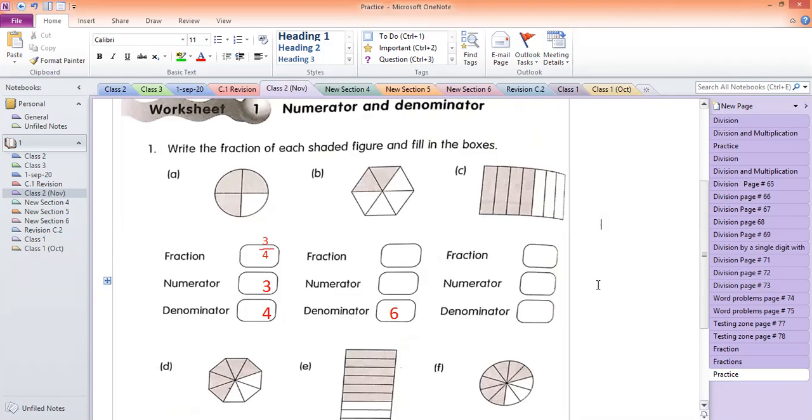What is the numerator here? I see the answers in the chat: 2. Very good.